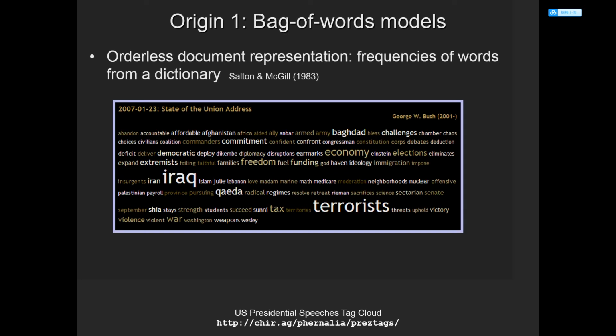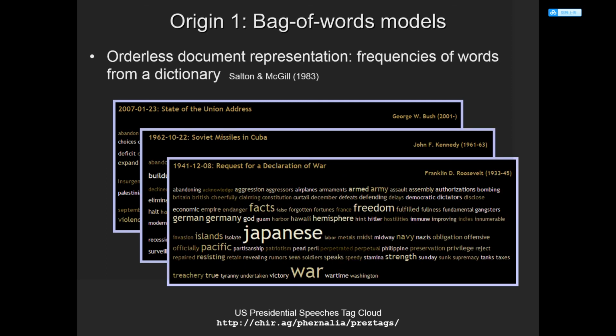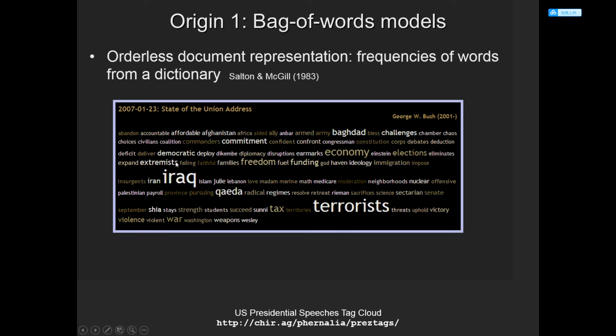If you look at language, for example, if I need to classify a piece of document, say State of the Union addresses from different eras, if you just look at the keywords that appear most often, you can recognize the era.